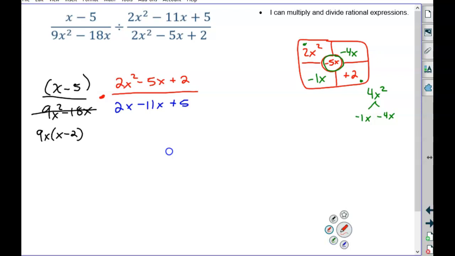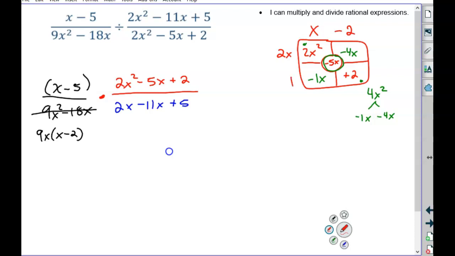And then we just want to pull out common terms. So if I go vertically here, first two vertically only have an x. And then I can pull out, now here's where I'm thinking, all right, I see a 2. If you don't notice it's a negative, you can catch that negative when you check your work. So that's the benefit about this box method. And then going left to right up on the top, each of these have a 2x in common.